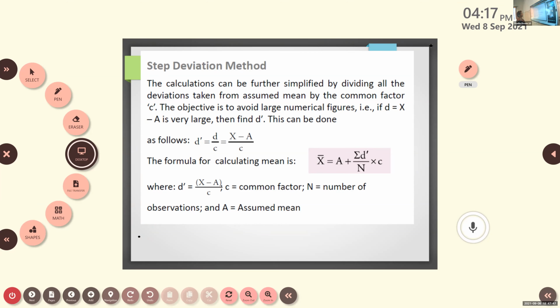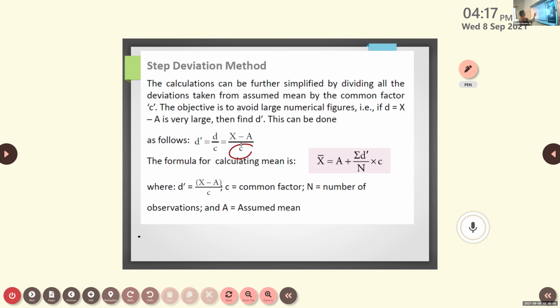In this also, we assume a mean, whatever you did, the same steps will be followed. After that, we will use C here.